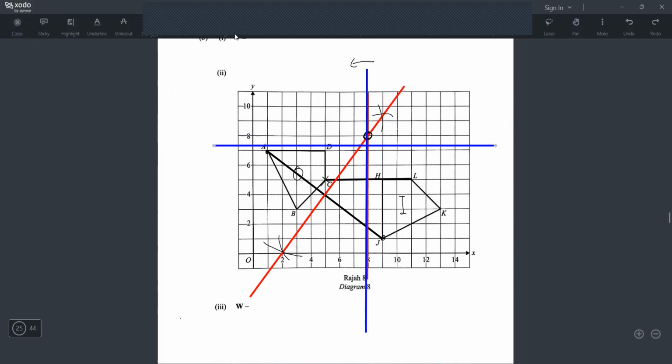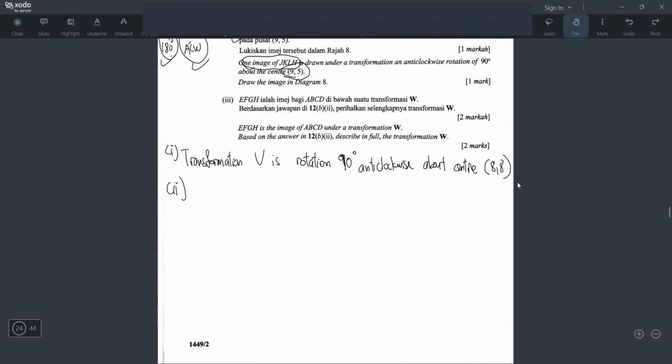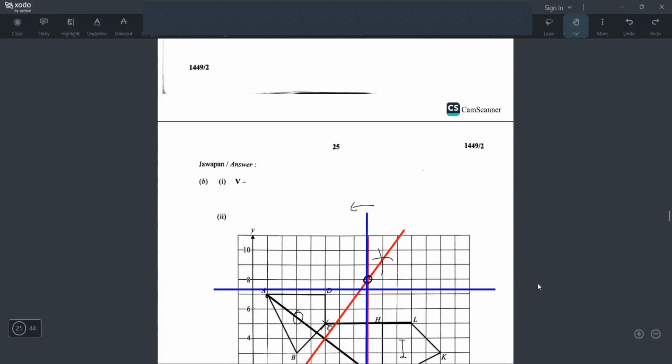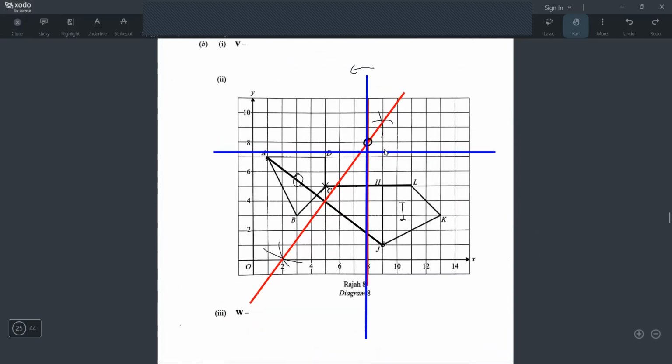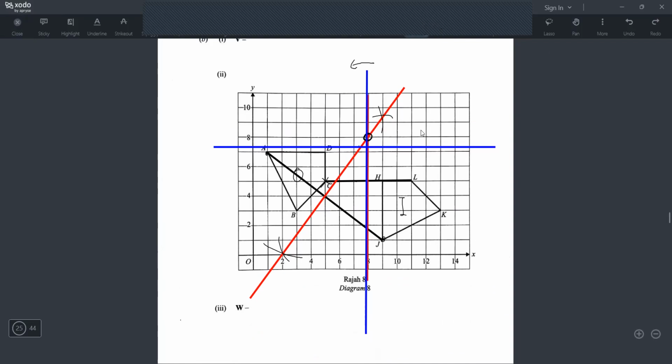So where is it? I forgot. 9, 5, let's look again. Yeah, 9, 5 is the center. So let's put this line at 9, 5. Oops, 9. 9 is here, 5 is here. So maybe here. Yep, this is okay.